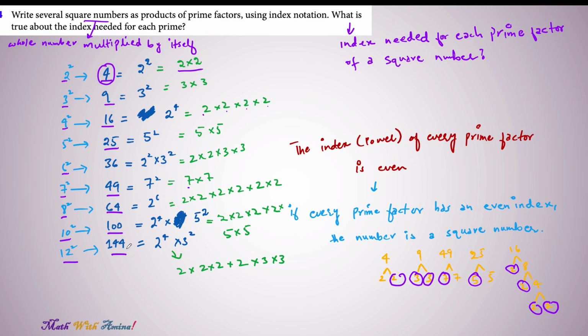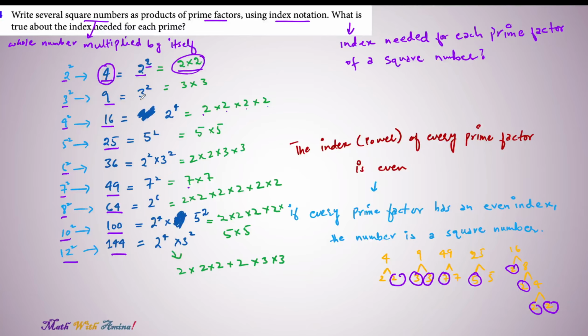So then, once we have expressed the square number as a product of prime factors, the next step is to express it using index notation. So these prime factors should be expressed with indices in the index notation. 2 multiplied by 2, we can write in index notation as 2 as the base, and the index would be 2, because 2 is the number getting multiplied, and the number of times it is multiplied is 2.